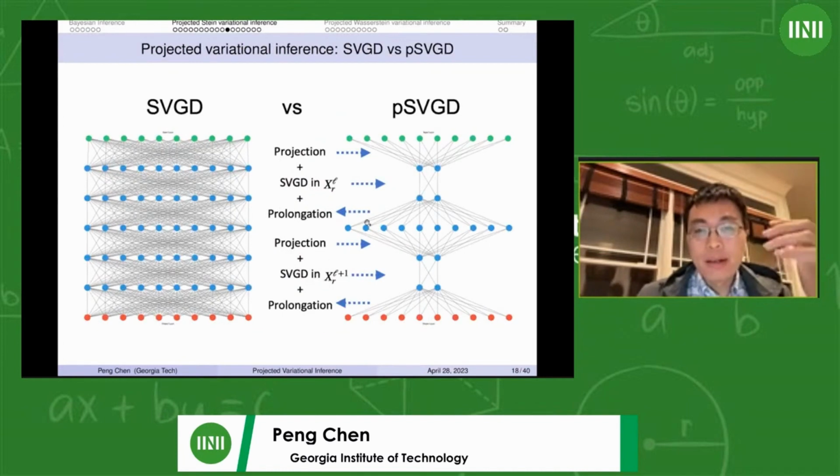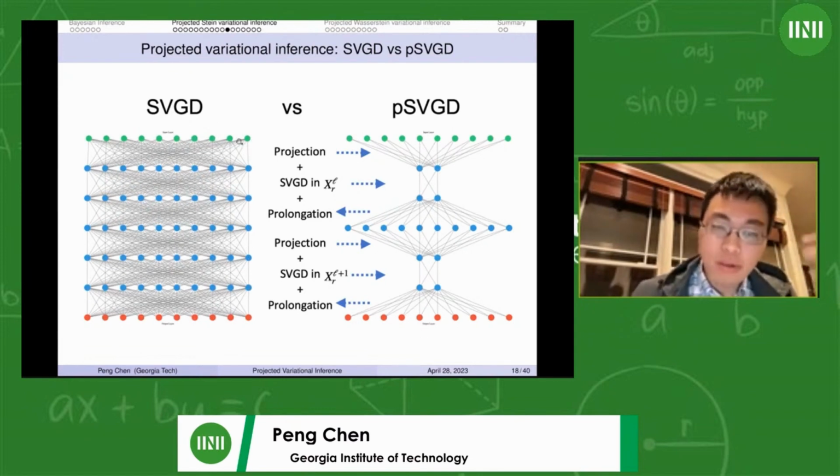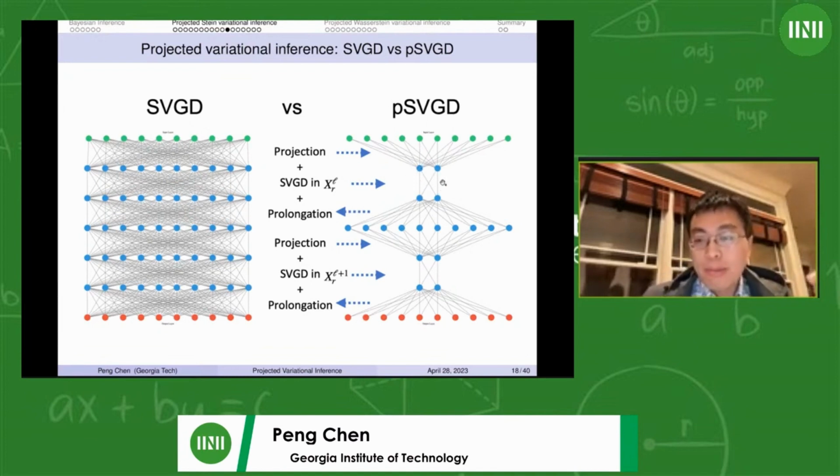And here's the basic algorithm. You have the SVGD, and you have many inputs. Perhaps the dimension is quite high, and all these dimensions talk with each other as you move all these particles. Now by projection, you project it down to a very small dimensional problem, and you apply this SVGD with proper curvature of the kernel function, and you can evolve this SVGD in this subspace, and it becomes much more efficient, and it can alleviate the curse of dimensionality.